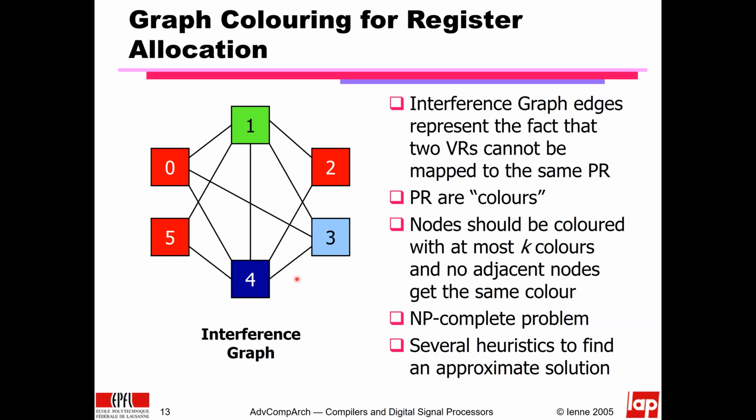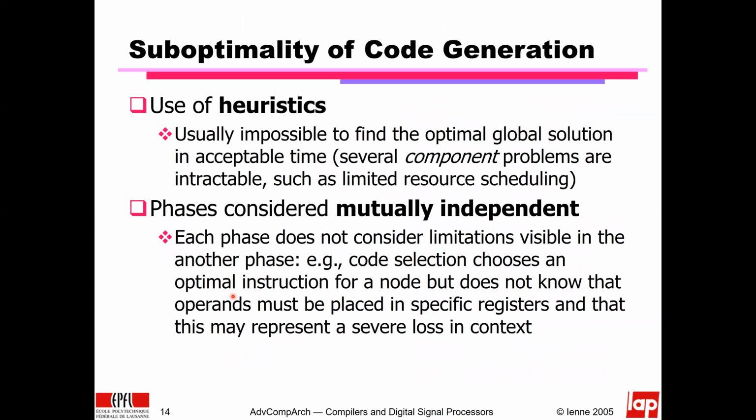So I need to do something like spilling, decide which one of these I give up and put in memory. So it's a bit more complicated even than that. But there are very good heuristics for doing this, and it's something that in a sense is given for solved, and the compilers can tackle it very well.